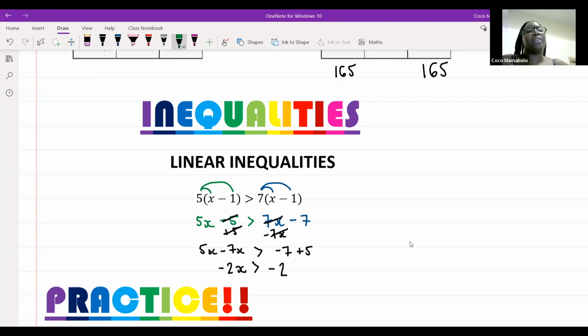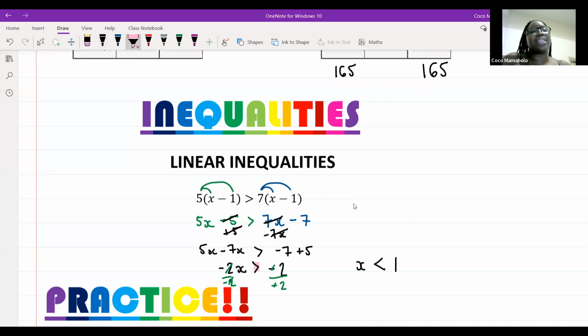I'm going to divide both sides by negative 2. And Anam, remember, it's no longer an equal sign. That's a greater than or equal to sign. So these two are going to cancel, and the negative will cancel, and I'll get a 1 on the side. But what I'm going to write is x is smaller than 1.